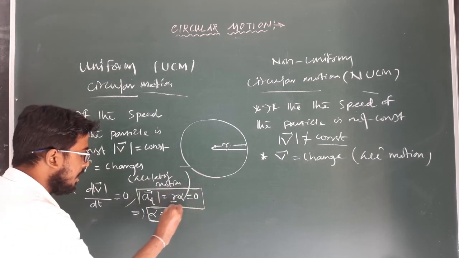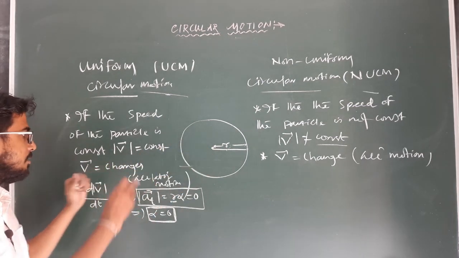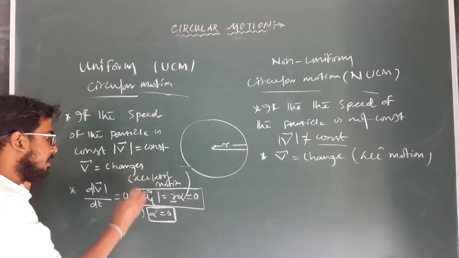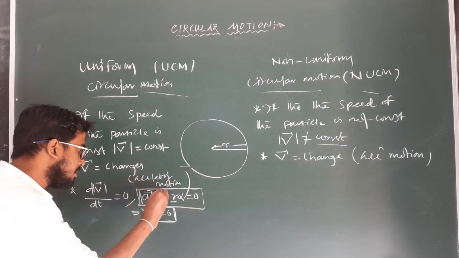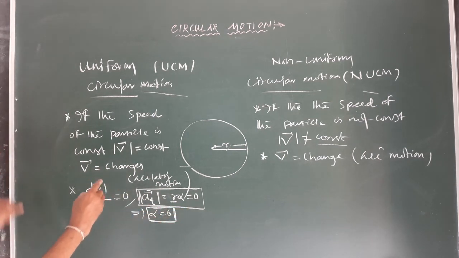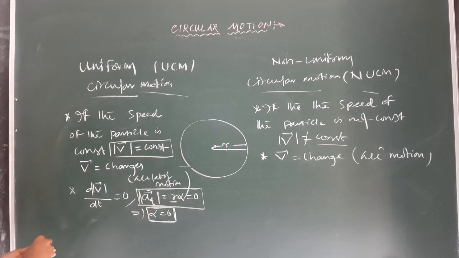Clear? Because there is no change in the speed. So if speed is not changing, that means there is no acceleration along the direction of velocity, which is equal to the tangential acceleration. That's why the tangential acceleration is equal to 0, so alpha equals 0. So in this case, as speed is constant, kinetic energy is also constant because it is half m v square.